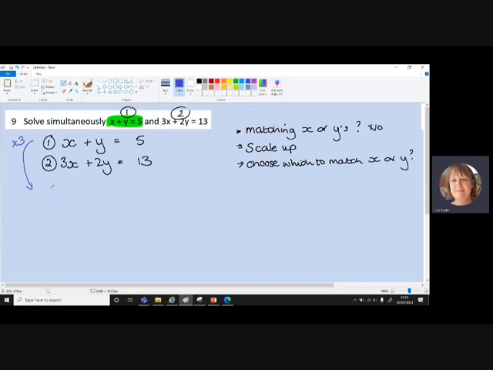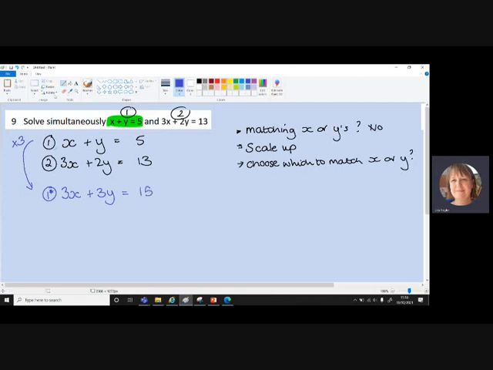So equation 1 becomes equation 1 edited. So x times 3 gives me 3x. y times 3 gives me 3y. It's important I multiply the whole equation by the same multiplier. And 5 times 3 is 15.